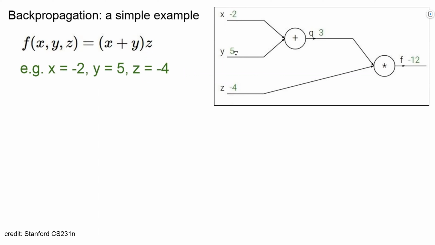For example, if x is -2 and y is 5 and z is -4, we just put down these values here. And the line contains the same values. It's like a circuit. After that, q becomes 3 because we add these two values. And after multiplying 3 and -4, we get the final value, -12.